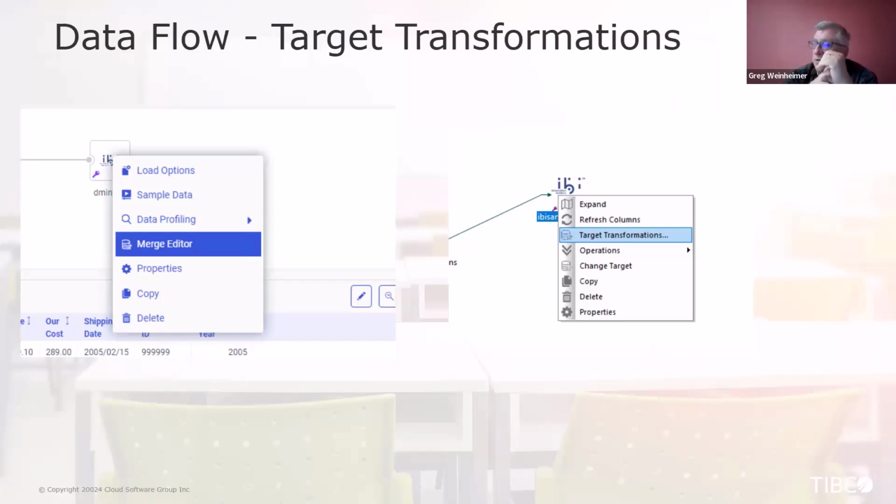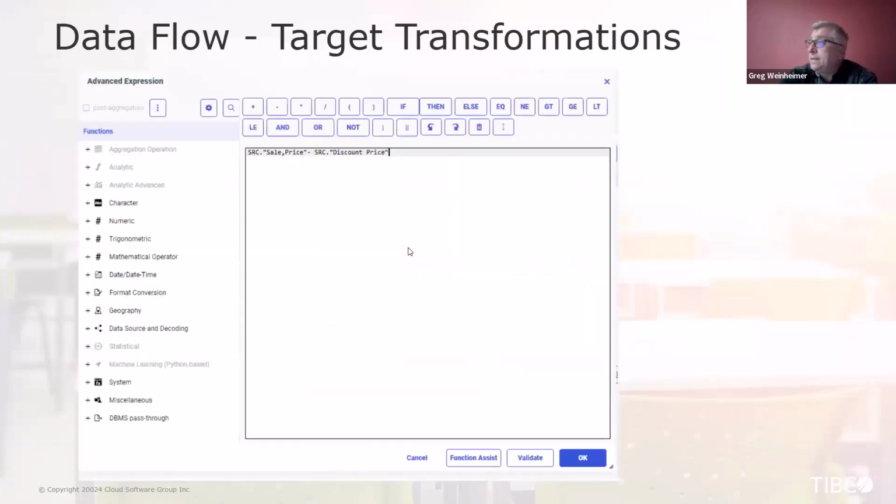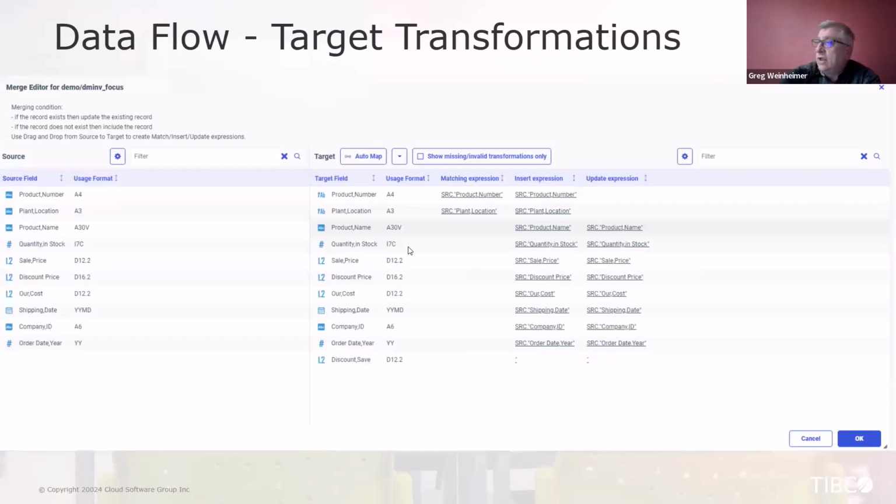Same kind of transformations that you can create by going into target transformations and your target synonym on your data flow in DMC. So if you go into merge transformations in the web console, you'll see this.